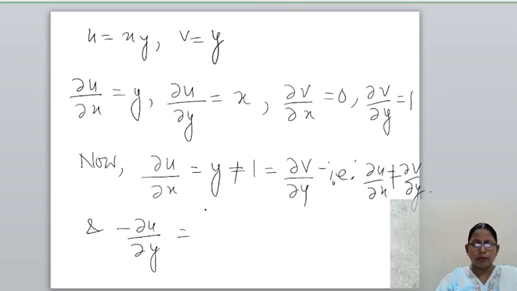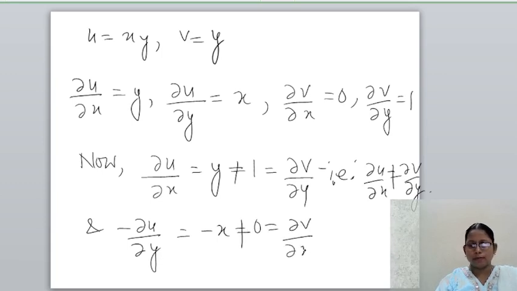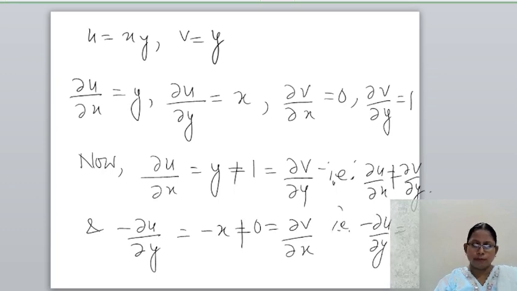What is ∂u/∂y? That is x, so minus ∂u/∂y is minus x, which is not equal to 0, which is ∂v/∂x. So minus ∂u/∂y is not equal to ∂v/∂x. That means the CR equations are not satisfied.